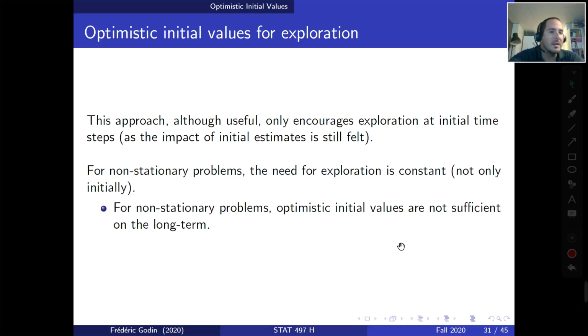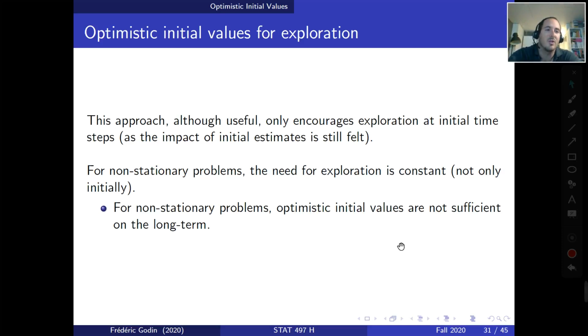So you don't need to explore only at the beginning, but because rewards are changing all the time, you need to have some constant exploration. In that case, having initial estimates that are overly optimistic is not a good solution because it only entails more exploration at the beginning. Once your estimates have gone down to around the true expected value levels, you don't have excessive exploration.